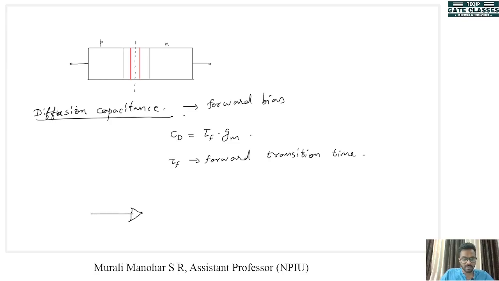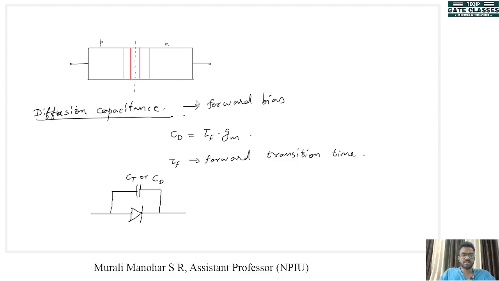This is our diode, and there will be a capacitance between the input and output, that is, between the anode and cathode terminals of this diode. If the diode is reverse biased, this is equal to Ct, and if the diode is forward biased, this is equal to Cd. So this is the equivalent circuit of a diode if we are considering the junction capacitance.